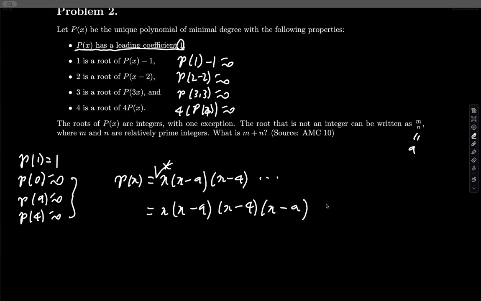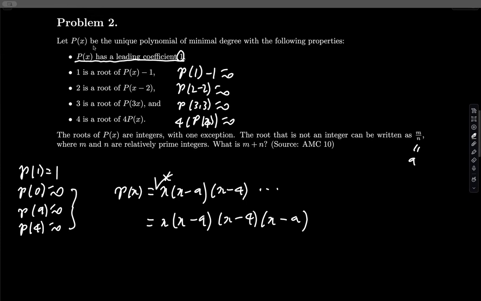And of course, we can write more, however, I don't think it is necessary because the problem says p of x is a unique polynomial of minimum degree. If we multiply more blocks, then the degree, or the exponent, of p of x will keep increasing. So we should stop here.